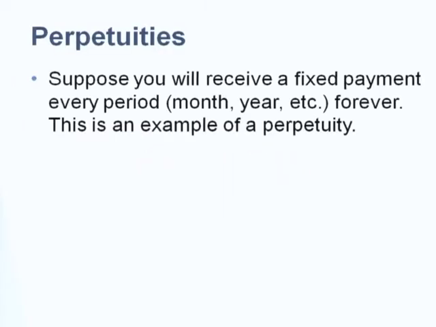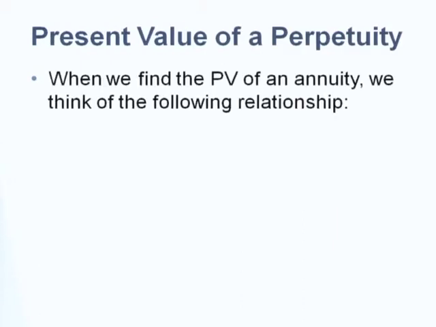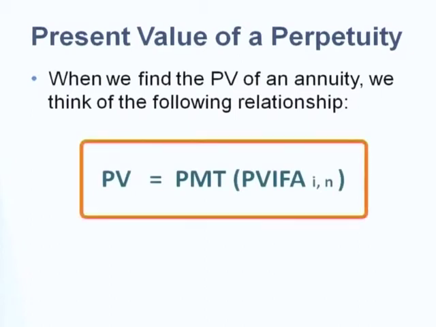Next one, perpetuities. What is a perpetuity? It is an annuity that goes forever. For example, you receive a preferred stock dividend, a fixed amount payment forever. So when we try to find PV for a perpetuity, what should the formula be?